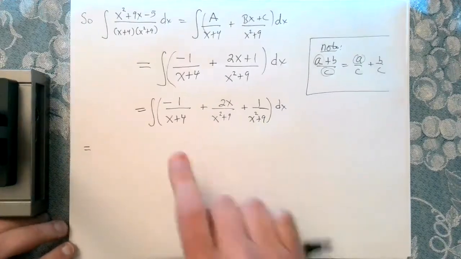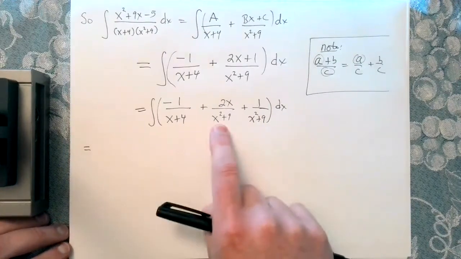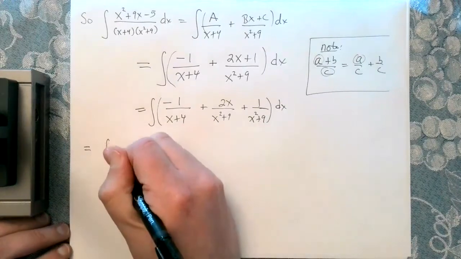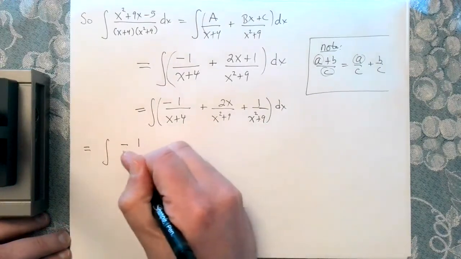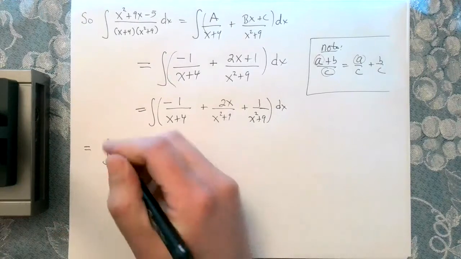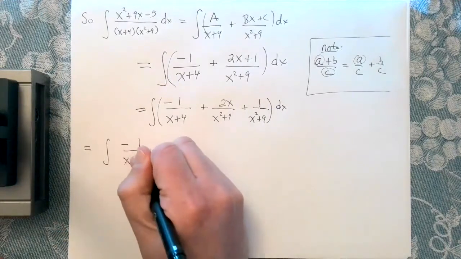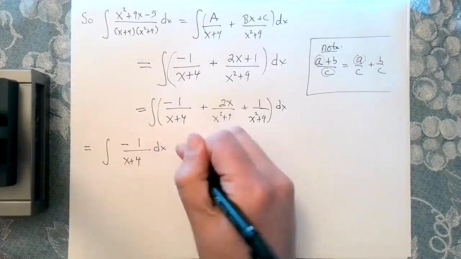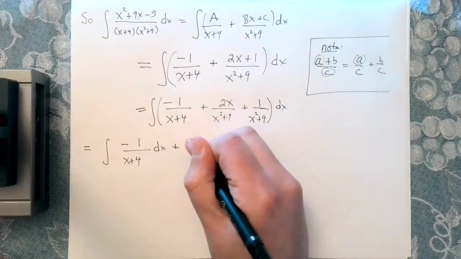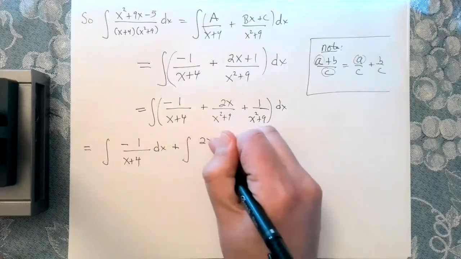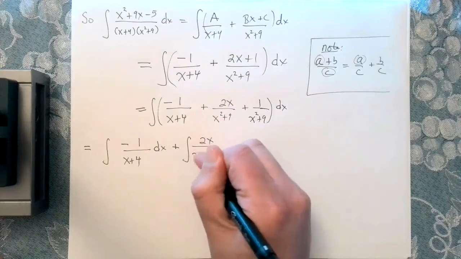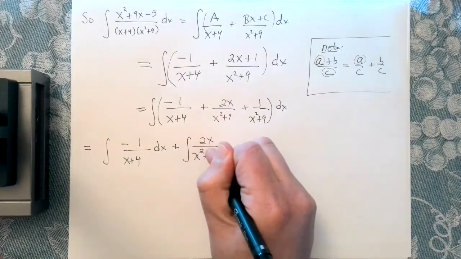And I'm going to split this into 3 integrals because they require different techniques. I know the first and the third they're sort of instant, but I want to show my work. So remember, the integral is additive, so I can break it up over a sum.